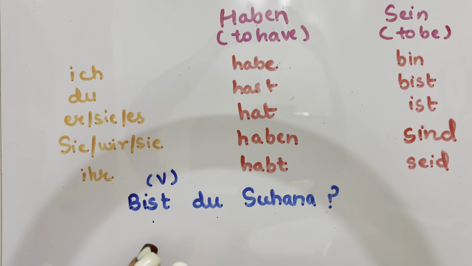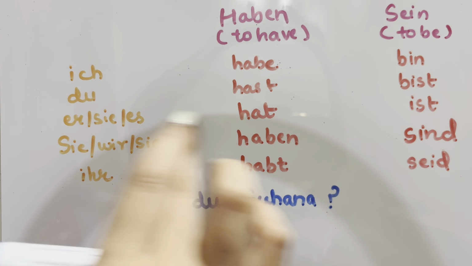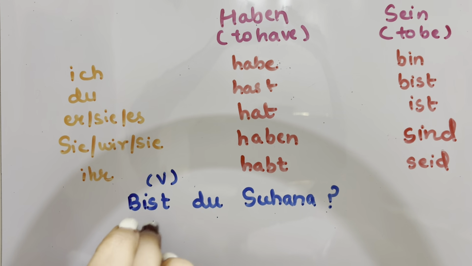It is because it is a yes-no question, like are you Suhana? It can be answered only as yes, I'm Suhana, or no, I'm not Suhana, and that's why the verb is in the first place. And also we can see bist is a conjugation for du, so bist du Suhana.